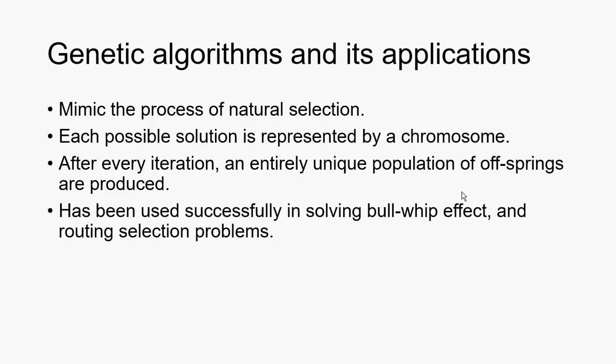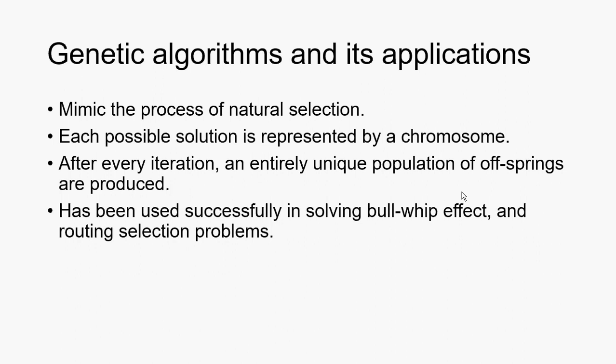Coming to genetic algorithms and their applications, genetic algorithms, as the name suggests, mimic the process of natural selection. Each solution is represented by a chromosome, each chromosome is made up of genes, and each gene is made up of alleles. As we iterate, we arrive at an entirely new population of offspring, which is different from its parent population, and this offspring population has a fitness which is higher than the parent population.